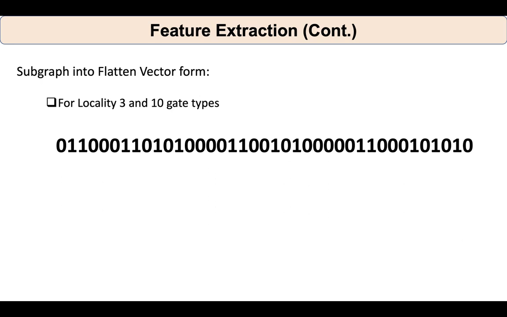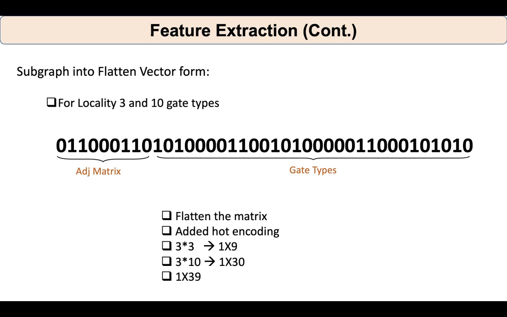For a locality of 3 gates and 10 unique gate types, the vector size will be 1 by 39. 39 is comprised of 30 plus 9. 30 is from 3 gate types, 3 into 10, and the adjacency matrix size was 3 into 3, that is 9, in total 39.